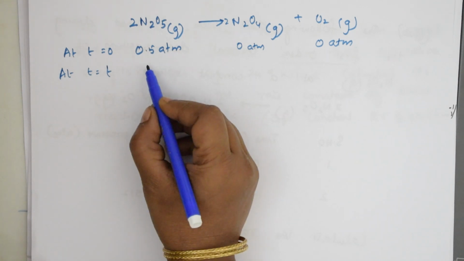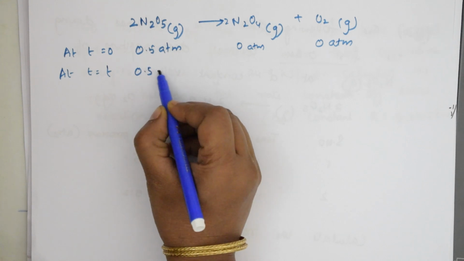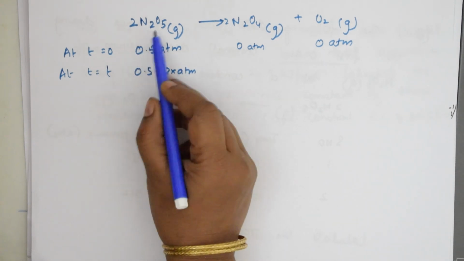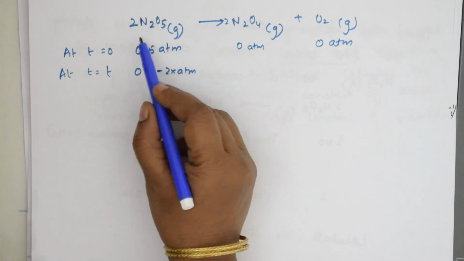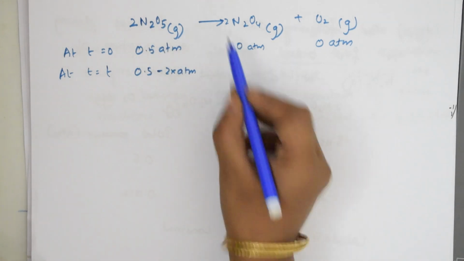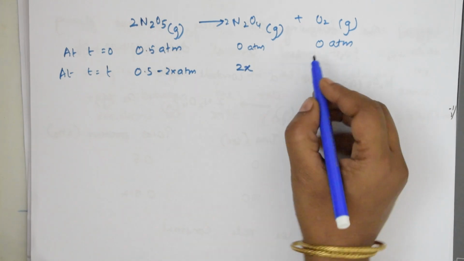What was this one? It is basically 0.5 minus 2x atmospheres. Why? This is 2 moles, no? At time T, from the original one, we take out how much is dissociated, minus 2x. Then, because the reaction has proceeded further, this will become 2x atmospheres.